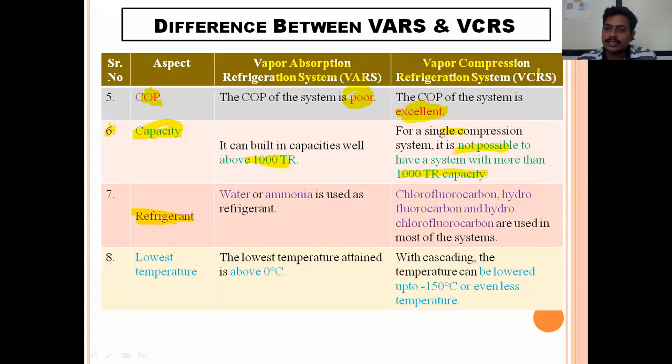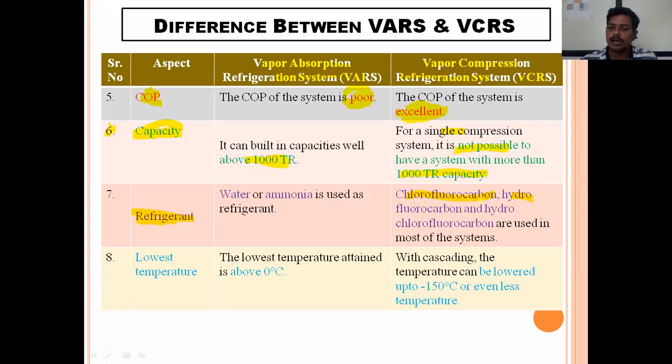Now, with respect to refrigerant, in case of VCRS system, we can use any type of refrigerant. That refrigerant may be halocarbon refrigerant, azeotropic refrigerant, inorganic refrigerant, or hydrocarbon refrigerant. But the most commonly used refrigerants are halocarbon refrigerants, and out of those, the most commonly used are CFC type of refrigerant, then HFC type, and the last one is the HCFC type of refrigerant.